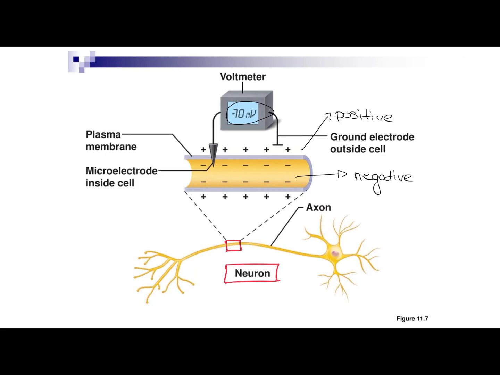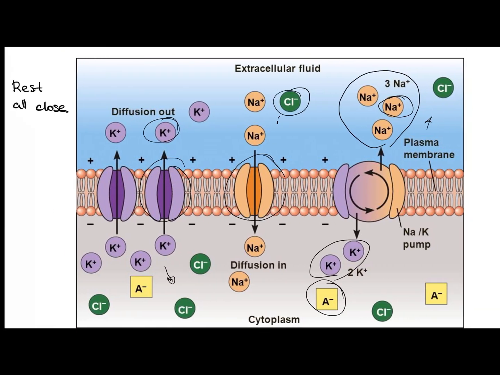This is called the membrane potential. In the resting potential, the inside of the neuron is negative and the outside is positive. The resting potential is equal to minus 70 millivolts.